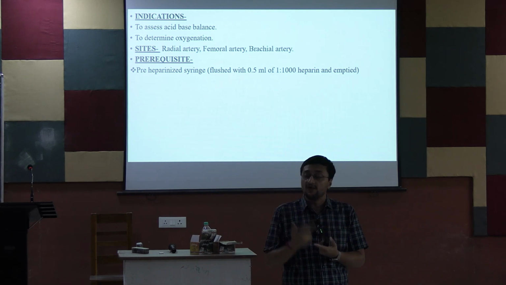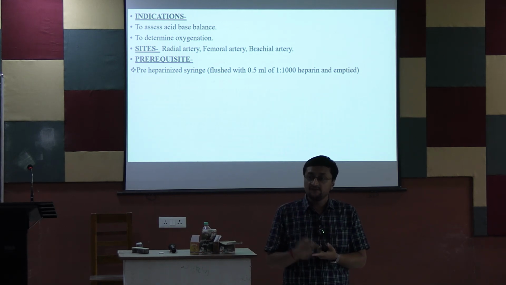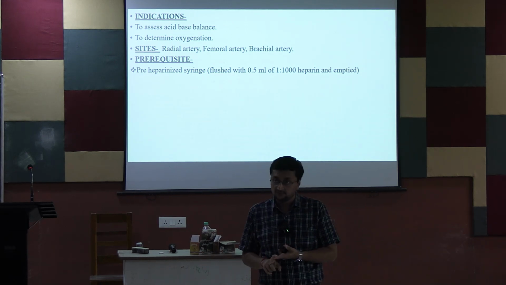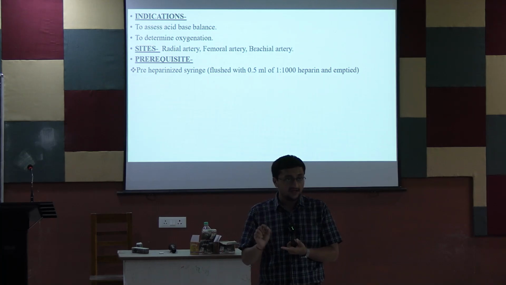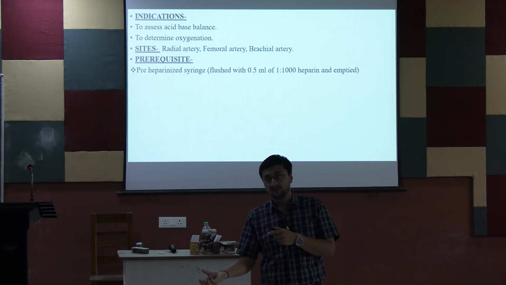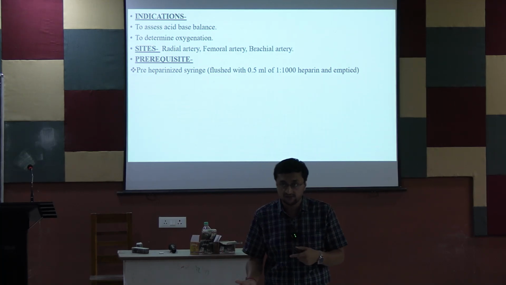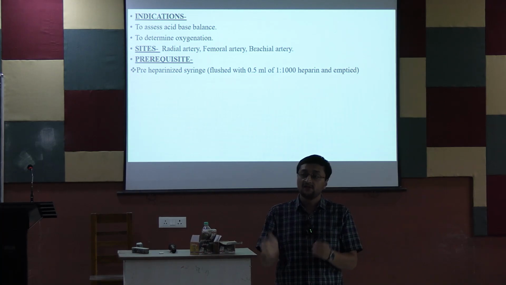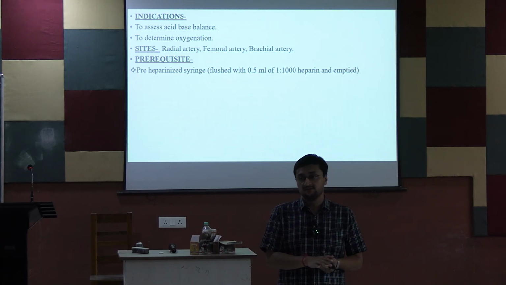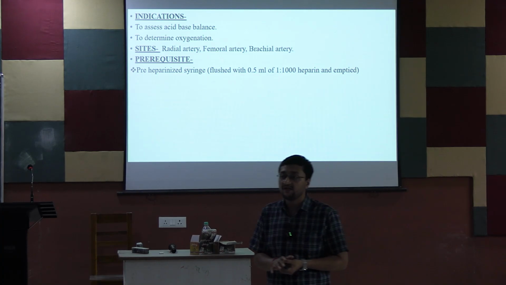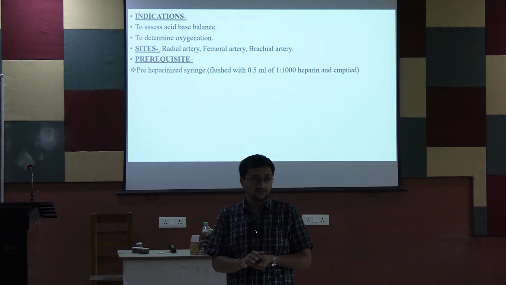Why? Because if you put more heparin into the syringe and estimate your ABG with that blood, there will be decreased pH, because heparin is acidic. So always heparinize the syringe, not fill the syringe with heparin.